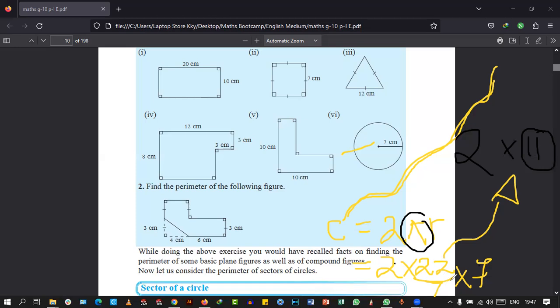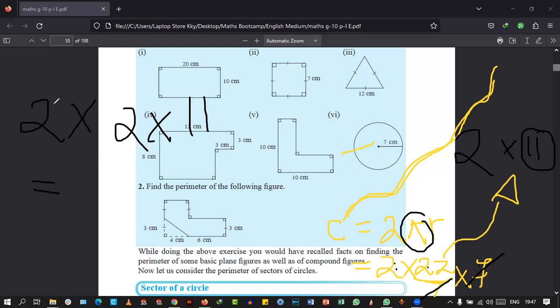Now we have to simplify it. We can take this 7 and this 7 off, so that 7 will be cancelled out. Now we have 2 times 22, which I see as 2 times 2 times 11. That is the answer for this equation, not for this example.